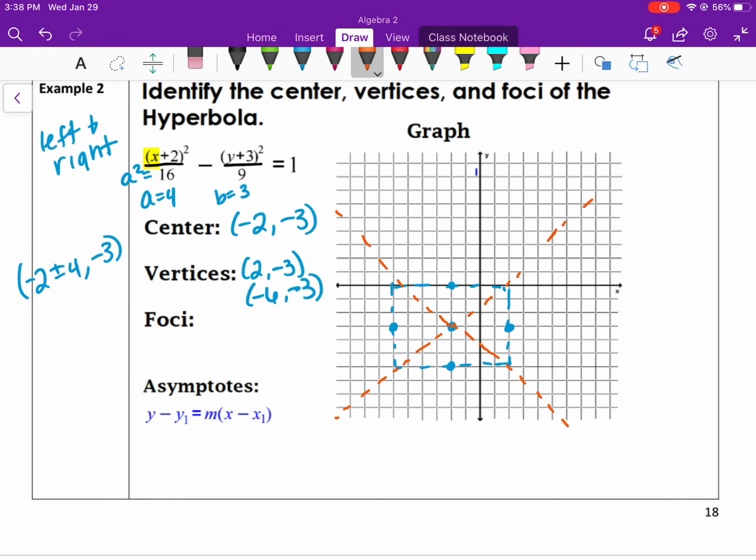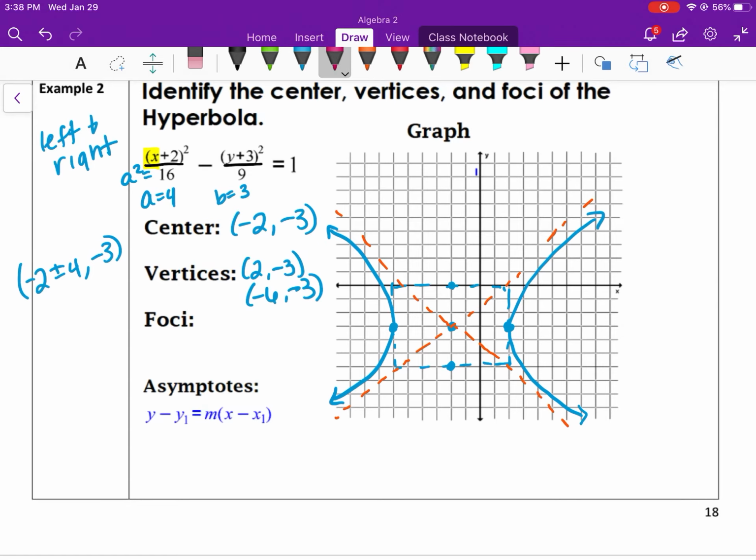So make sure you go through the corners and through the center. And this one opens right and left. So this is your vertex point at 2, -3, and you can use your asymptotes to draw your hyperbola. And then you have your -6, -3. Use your asymptotes to draw your hyperbola.